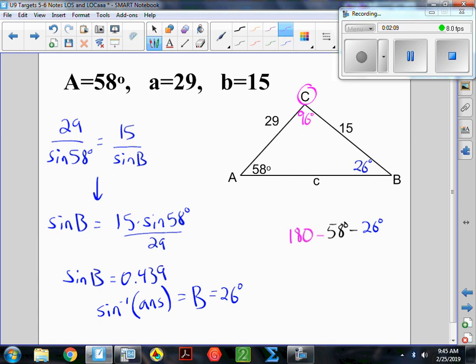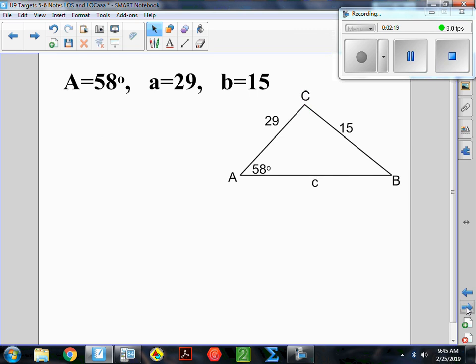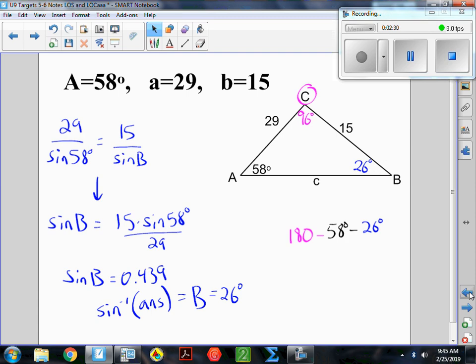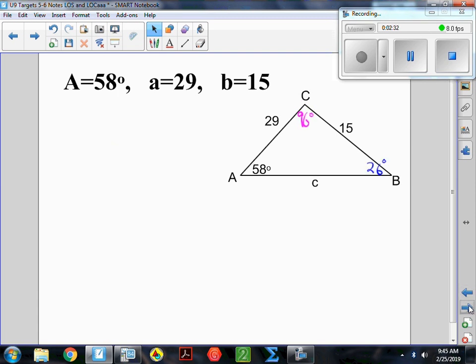I'm not going to keep going to solve for side C. I really set up this example so that I could use it in a little bit. So I have a 96-degree angle and a 26-degree angle. I'm going to fill those in on this slide. 96-degree angle for C and 26-degree angle. 96 and 26 goes with the 58 degrees. Okay, so we'll come back to this example.